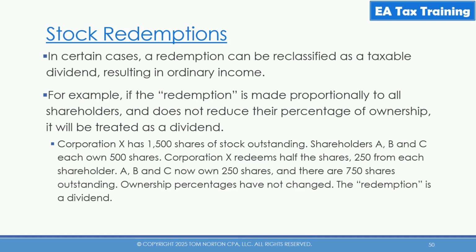Prior to this redemption, they each owned 1/3 of the corporation. After this redemption, they each own 1/3 of the corporation. So they are just disguising a dividend as a redemption in order to get capital gain treatment for that amount rather than ordinary treatment that they would get from a dividend. So the IRS does not allow this.